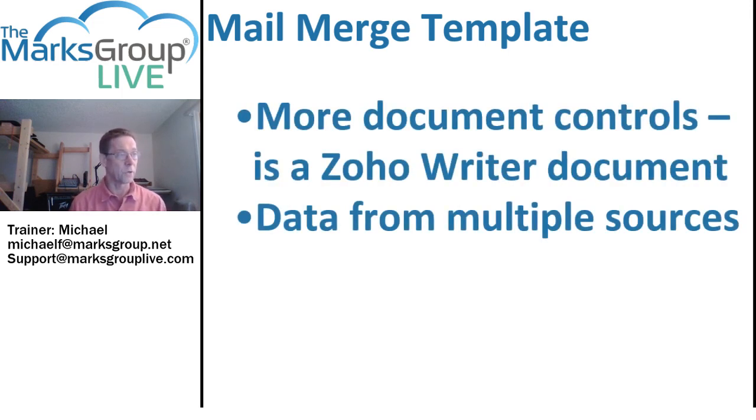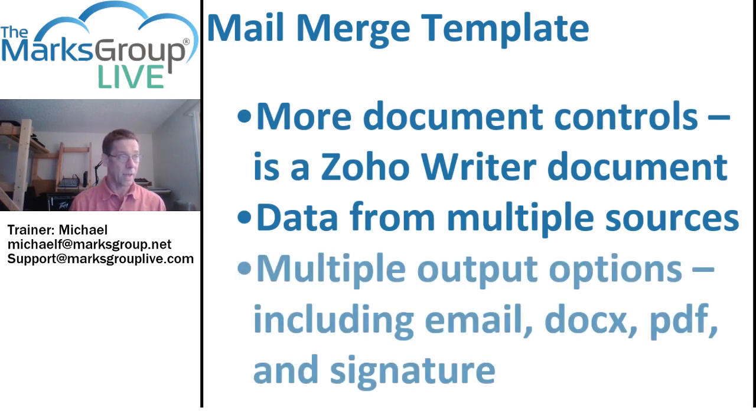It pulls data from multiple sources, and there you have multiple output options, including email, docx. You can have something go out as a PDF. You can send it to another member of your organization for signature. And all of the power of a Zoho Writer document is available to you when you create a mail merge. It's a very powerful type of document.